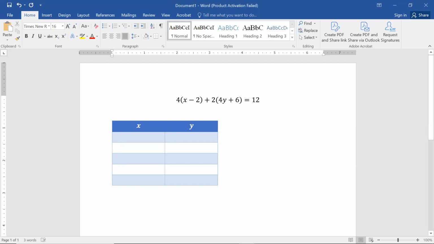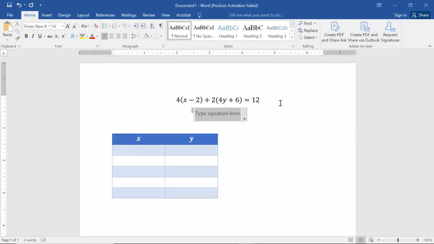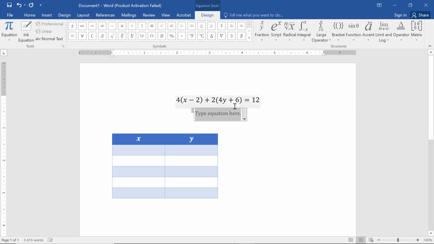Here's our equation. Let's simplify that. Obviously, if you wanted to, you could plug in a value for y or a value for x and solve for the other variable, but it's probably easiest if we simplify this first and then solve for either x or y.